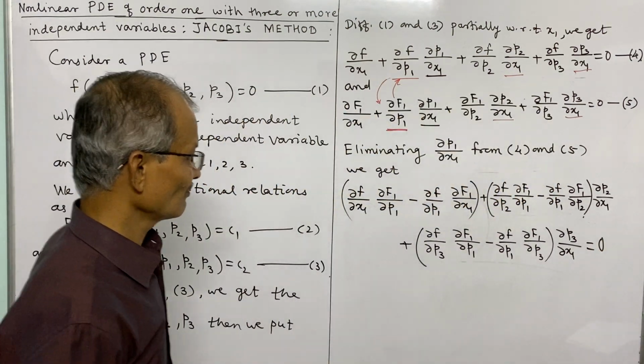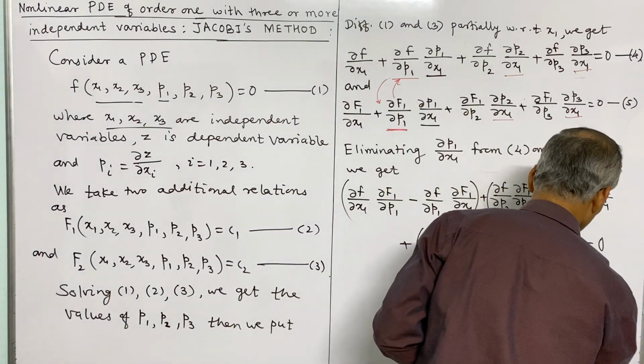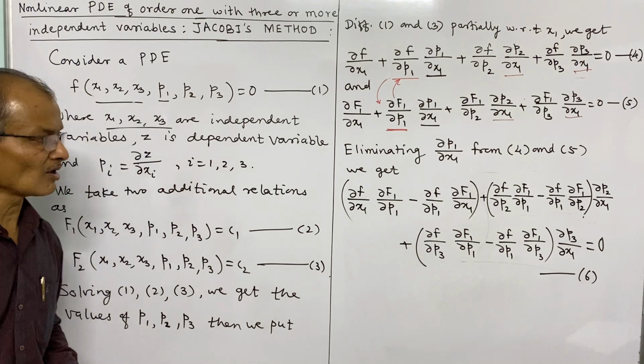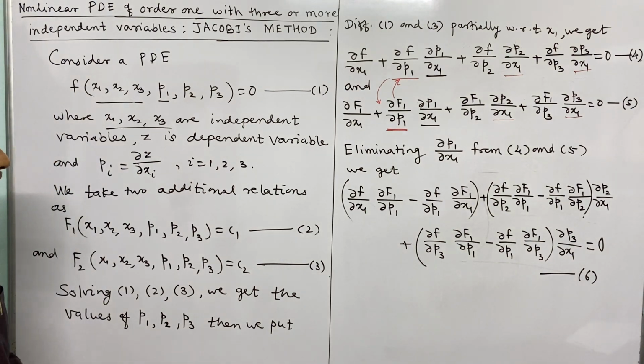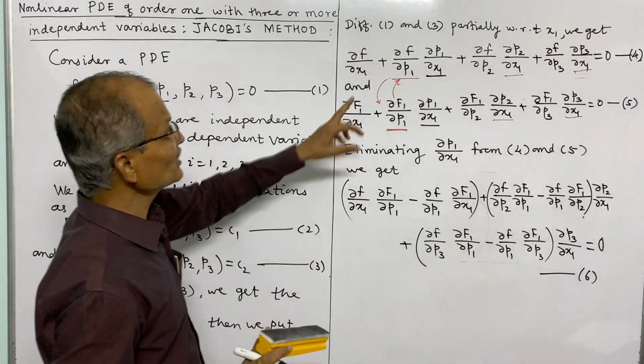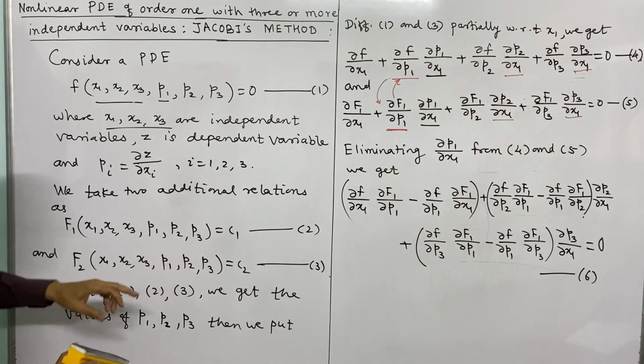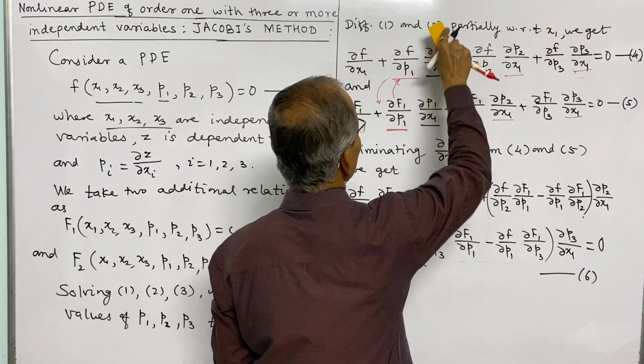So this equation we shall assume as 6. Though the equation is somewhat lengthy, it is not difficult to understand. So what we have done is we have differentiated 1 and 3, or 1 and 2, not 3. So there must be this correction.